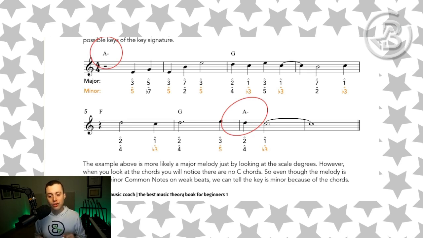So you have to look at the chords and you have to look at the melody and then look at both of them together. Because as you can see here, the melody is not clearly pointing to it being a minor key, but when you zoom out and you just look at the chords, you go, wait a second, there isn't even one C chord in this entire piece of music, but there's 2 A minor chords.